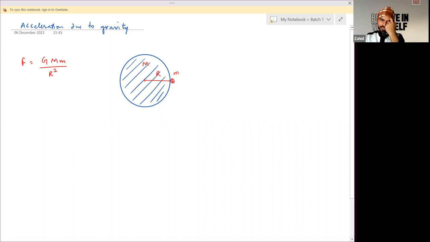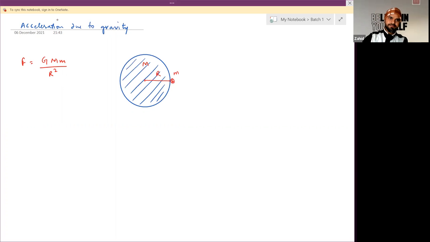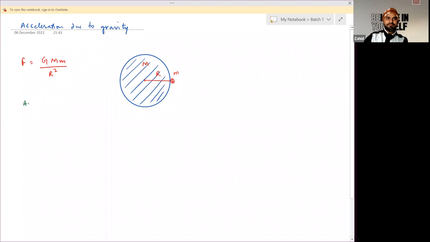Now, if you have to calculate acceleration of each body due to the influence of this gravitational force. So first, acceleration of Earth towards object.